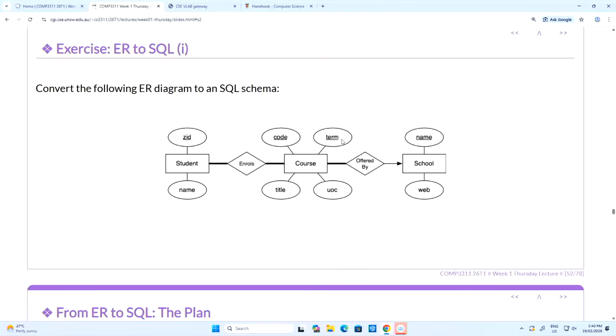And when it's one-to-many, then we need to pick the appropriate side and let it store the primary key of the other side. And this primary key will be called a foreign key in this table.